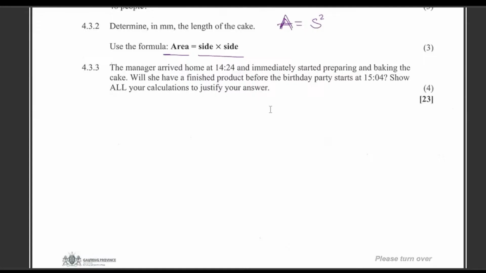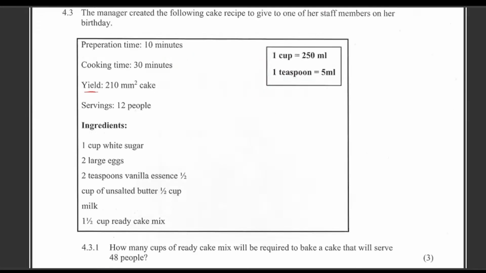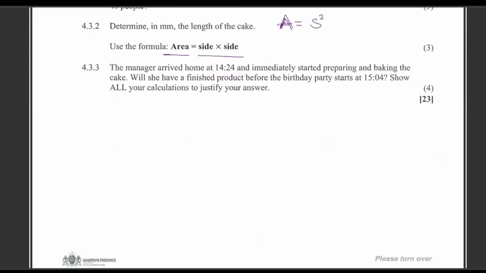Look at this area they are telling us, which is 210. So we say 210 equals S squared. We are interested in S only, so look for the square root on both sides.